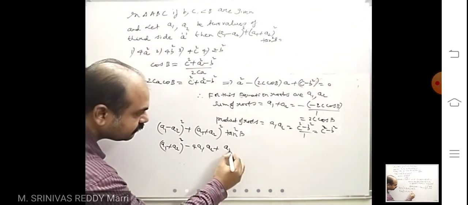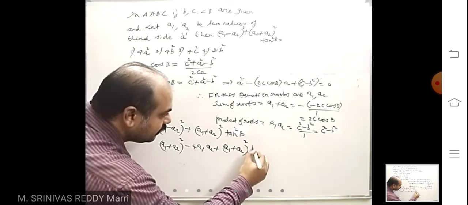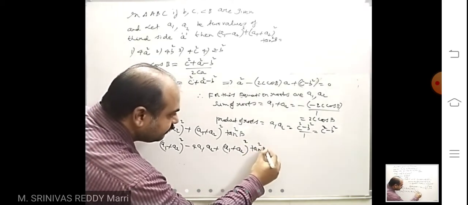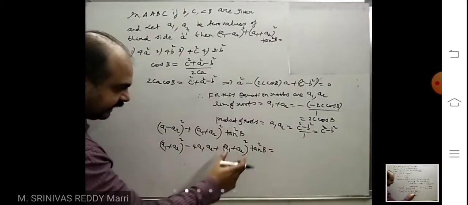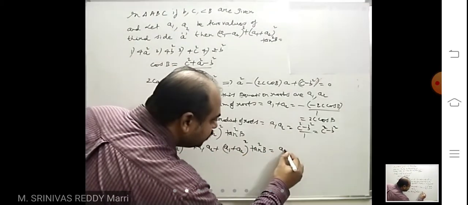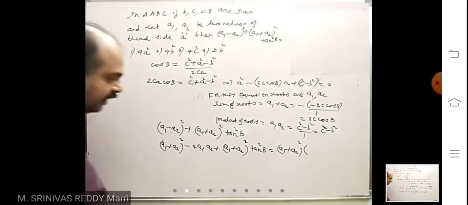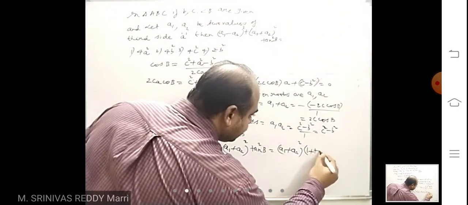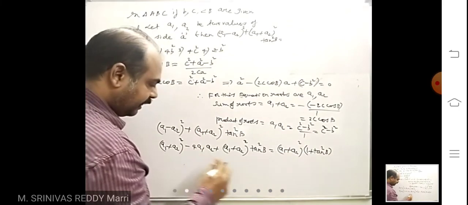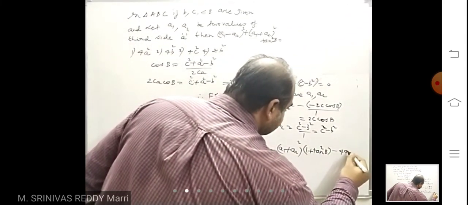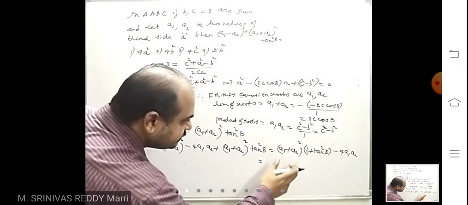Plus (A1 plus A2) whole square into tan square B. Look at this one and this one. I am taking (A1 plus A2) whole square common into 1 plus tan square B, minus 4 A1 A2.